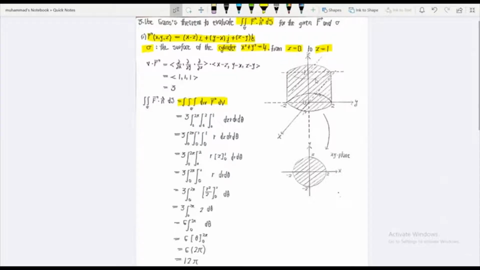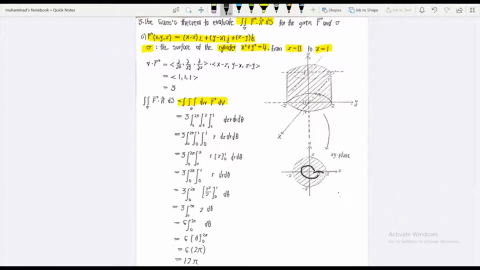And for r and theta, this is a closed cylinder surface, so we look at the xy plane. As we look at the xy plane, you can see that theta is moving from 0 to 2 pi anti-clockwise and r is from 0 to 2.